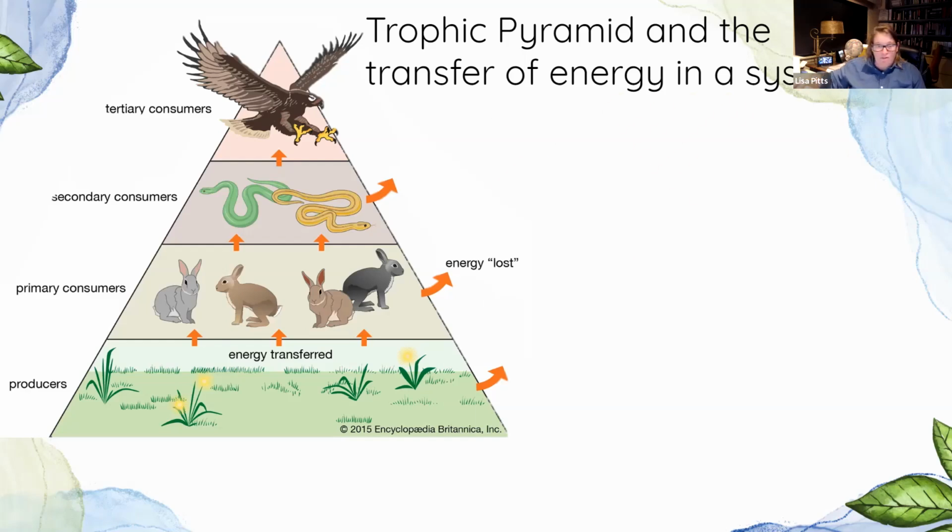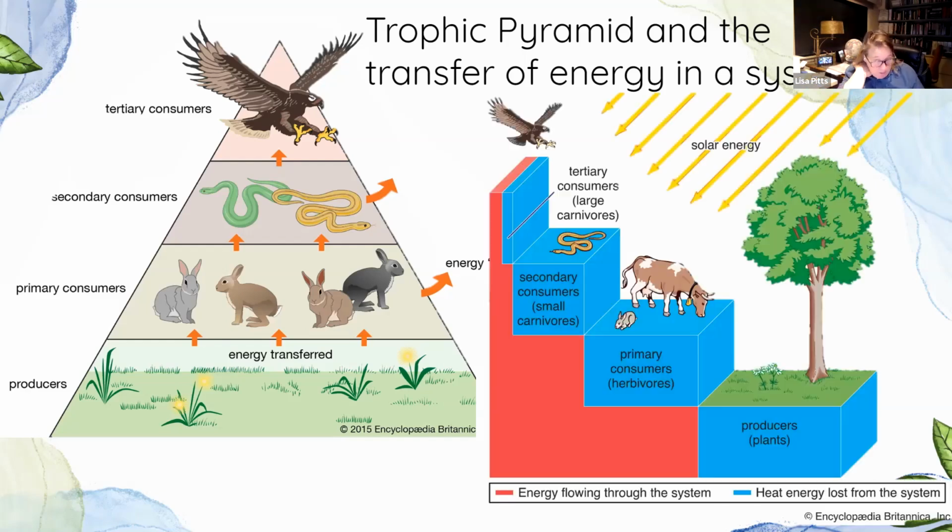And so one of the things that we'll talk about is the transfer of energy through the ecosystem. At each level, only about 10% is transferred to the next level. So a lot of energy flows through the system, and a lot of heat energy is lost, but only about 10% is transferred to the next levels.